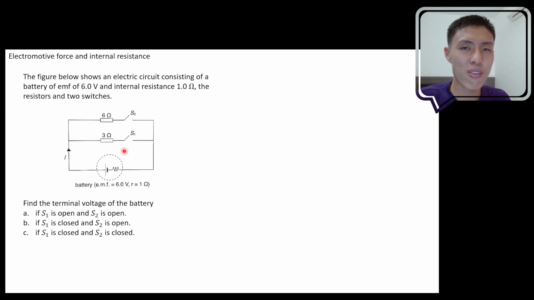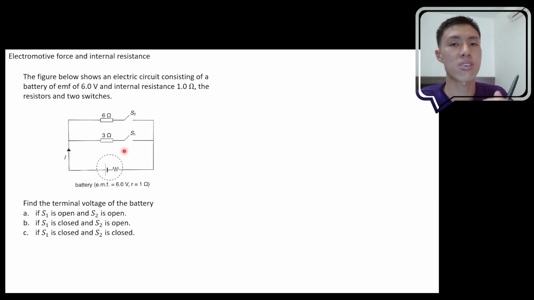It's a side effect of the battery itself, because the battery is made of certain material. So for charges to flow through that battery material also requires some amount of energy. The process of letting the charge flow through the battery material requires some energy, and therefore we can think of it as the battery material itself posing a little bit of resistance.